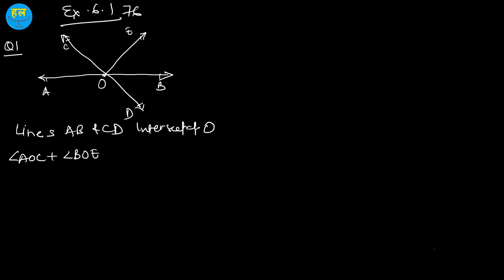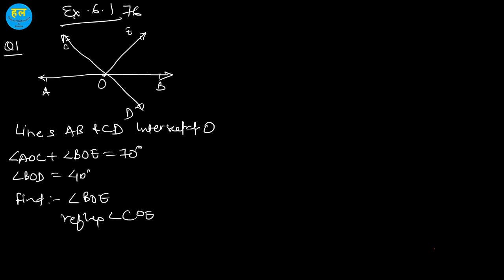It says lines AB and CD intersect at O. If angle AOC plus angle BOE is equal to 70 degrees, and angle BOD is equal to 40 degrees, what we have to do now is find angle BOE and reflex angle COE, right?